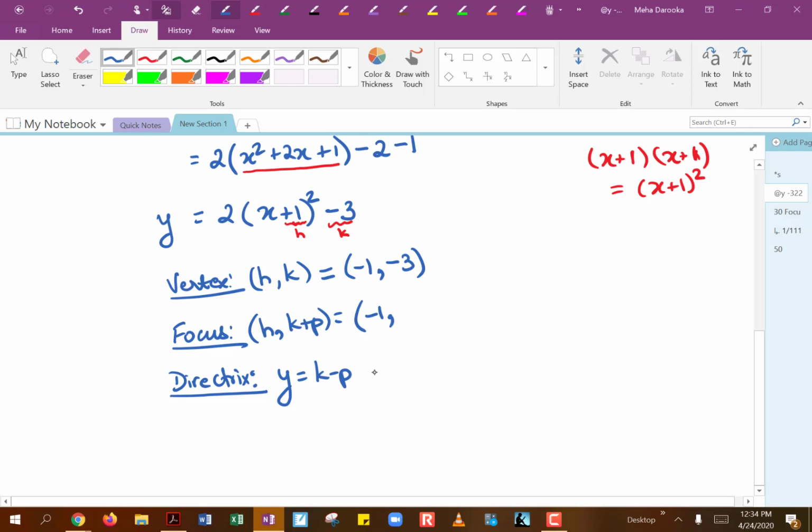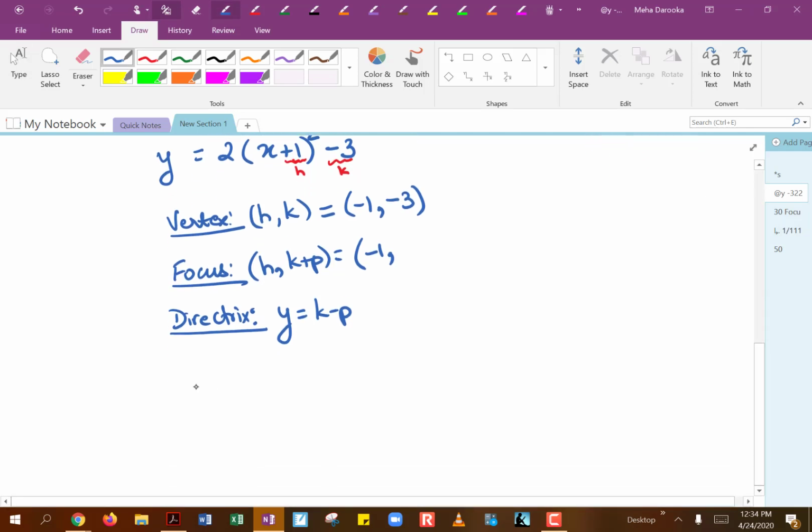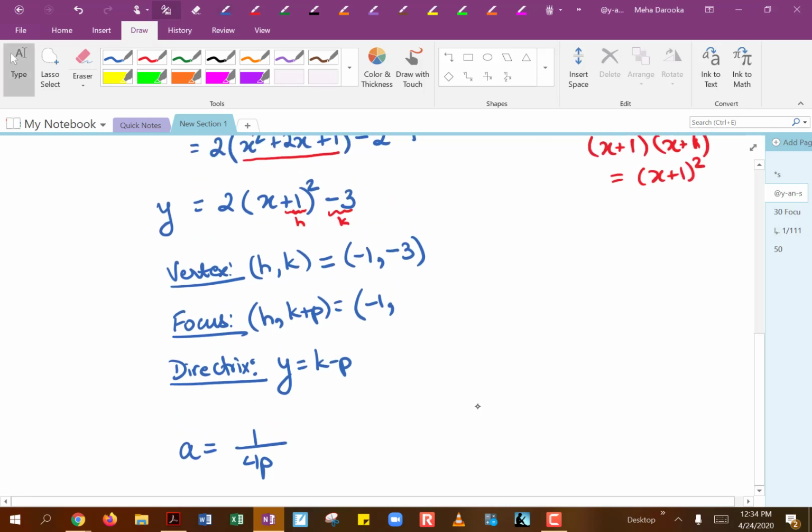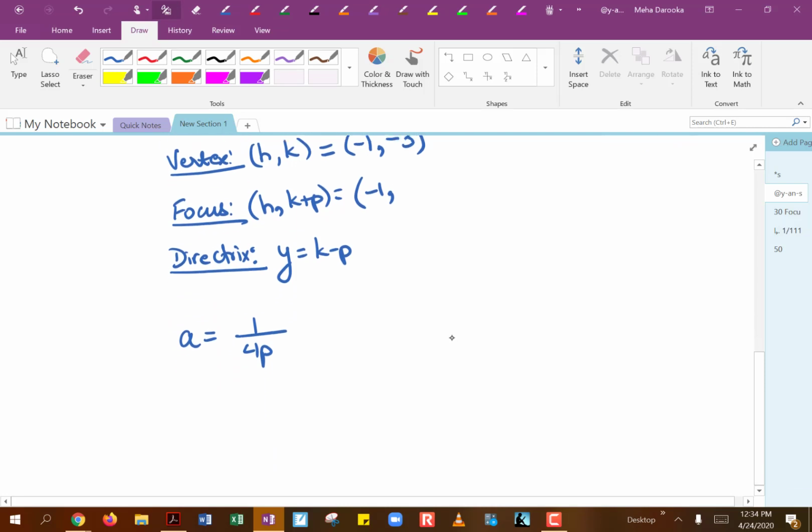So for that, we of course need to figure out what our p variable is going to be. So this is where again we go back to that relationship between a and p, which is a equals 1 divided by 4p. Now of course we know our a value is going to be right here from the leading number in our transformation form, which is positive 2.